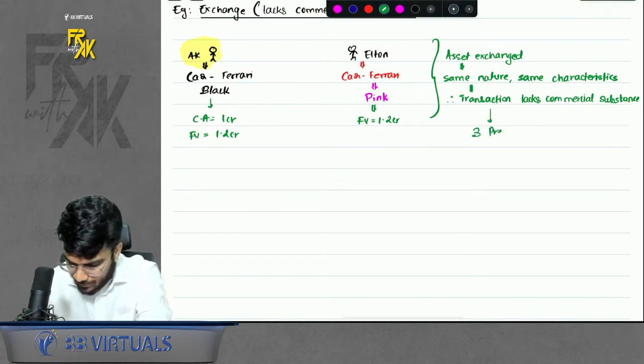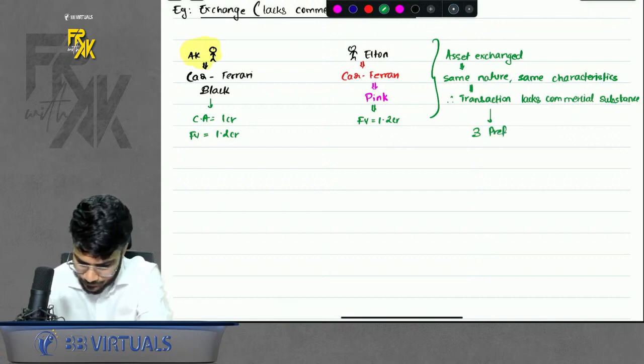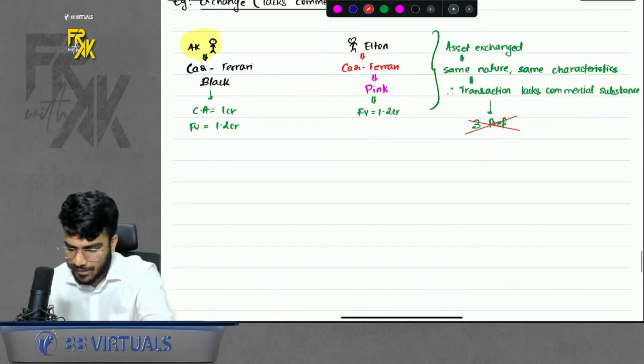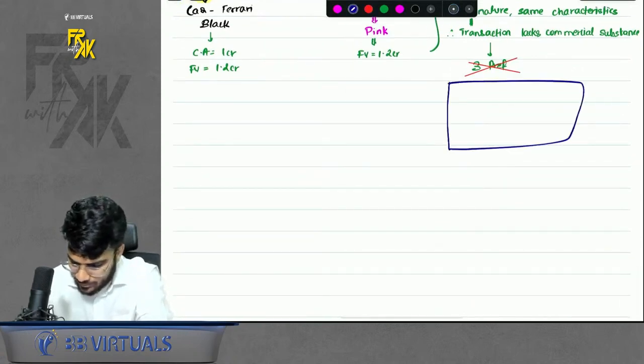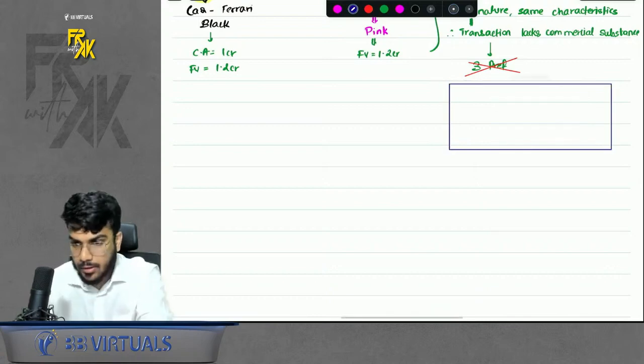Do we have those 3 preferences? The answer is no. We don't have 3 preferences in that case. We only have 1 preference. There is only 1 preference available.